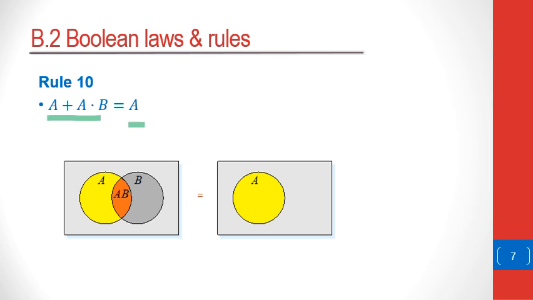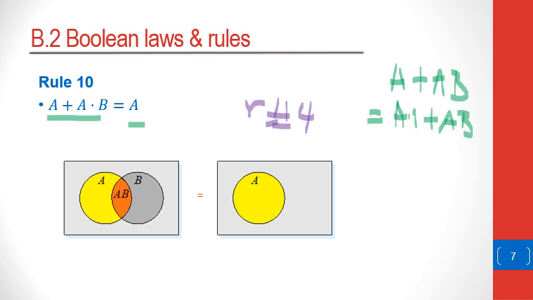Beginning from A or A and B, you will see that this is equal to A and 1 plus A and B. Remember, this comes from rule number 4.